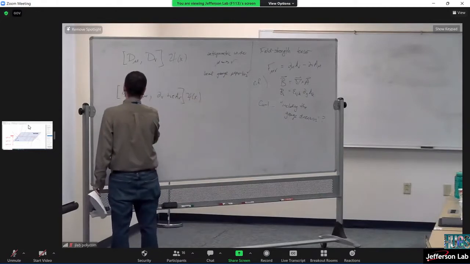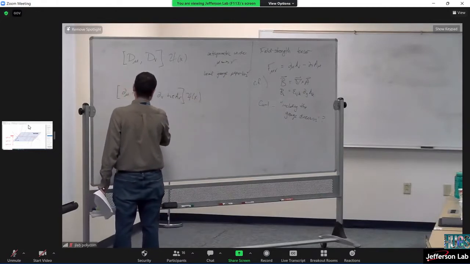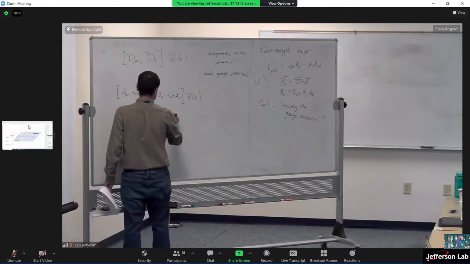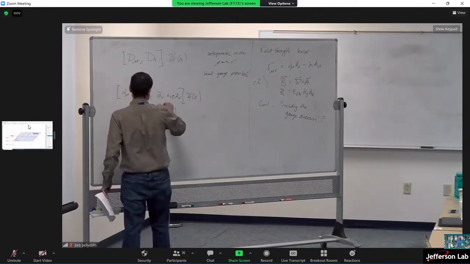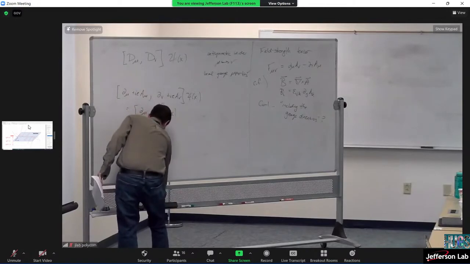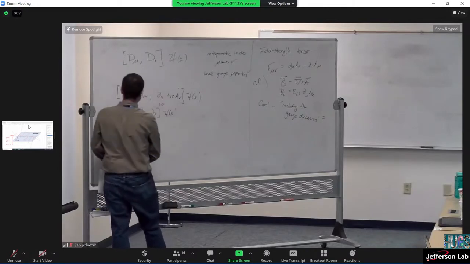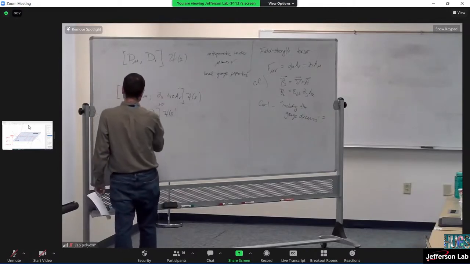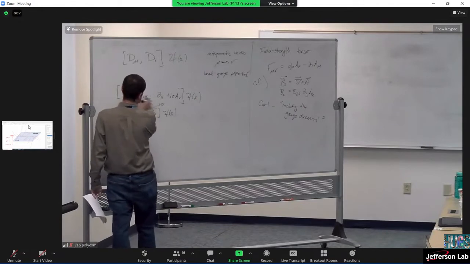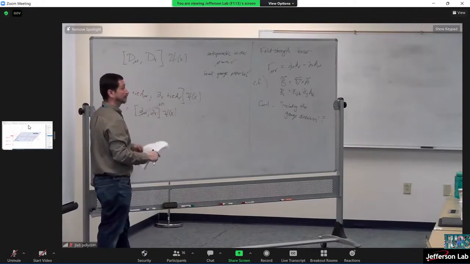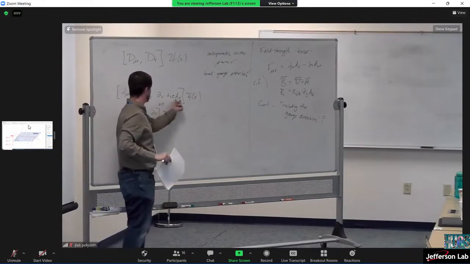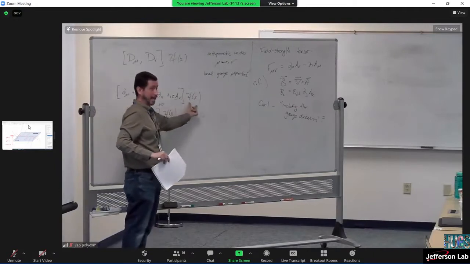The commutator of the partial derivatives is just 0, because as long as you have a smooth function, it doesn't matter what order you take the partial derivatives. When the commutator involves the partial derivative and the vector field, you get an extra term, which comes from the product rule, where the derivative acts on A instead of passing through to act on psi.